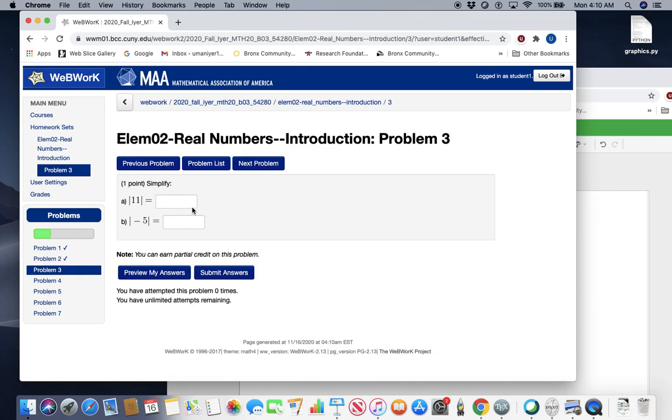Next, absolute value of 11 is simply 11. Absolute value of -5, absolute value gives you the magnitude, so the negative is ignored, it's just 5.